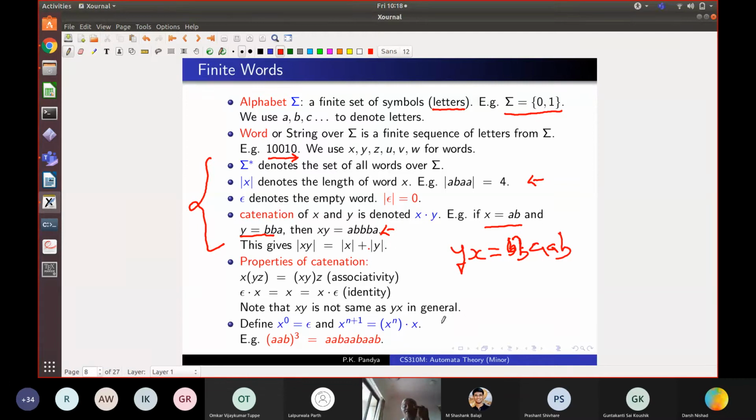One last notation about words. We'll define the power of a word. That is, x to the power n, which means x catenated with itself n times, which is the same as x followed by x followed by x, and you go on like this n times.